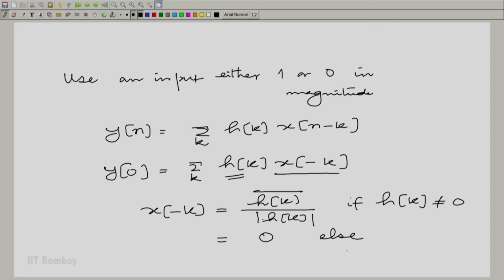When you did this, you had an input which was essentially 1 in magnitude whenever the corresponding impulse response term was not 0. And when the impulse response term was 0, you do not have to worry about it anyway, so you can just make the input 0 at that point. In fact, you could have made the input anything you like at that point, it would not have mattered, but then you have to ensure the input is bounded.